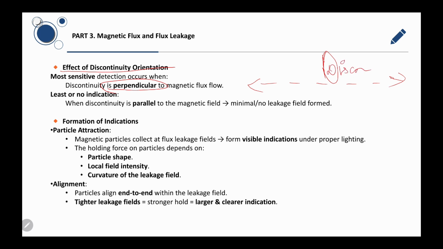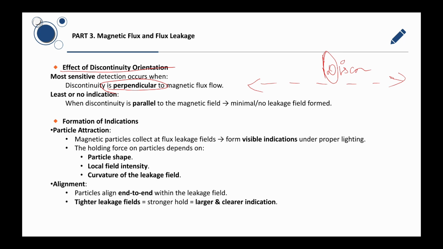A simple example: imagine you have a crack running east-west. To detect it best, you need to apply a magnetic field that runs north and south. This forces the lines to cut across the crack directly, maximizing the leakage.